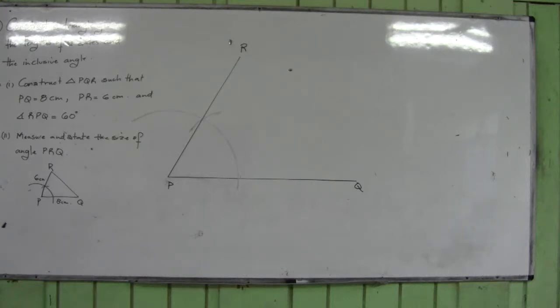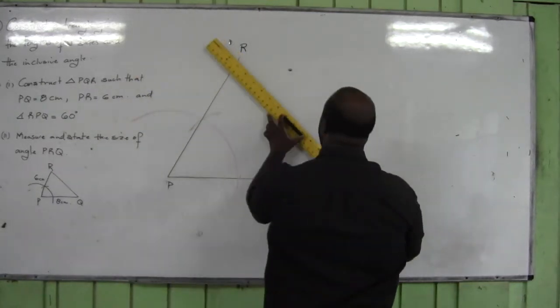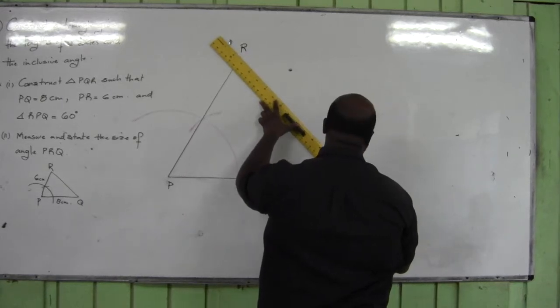Once it's shifted, it's going to affect the accuracy. Last thing. Draw a line connecting Q and R.